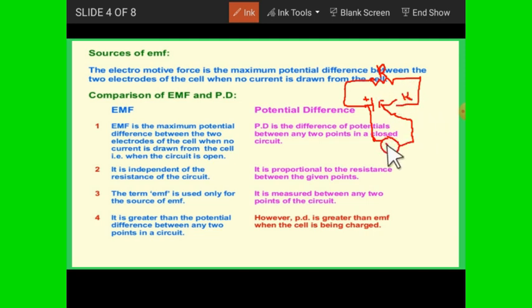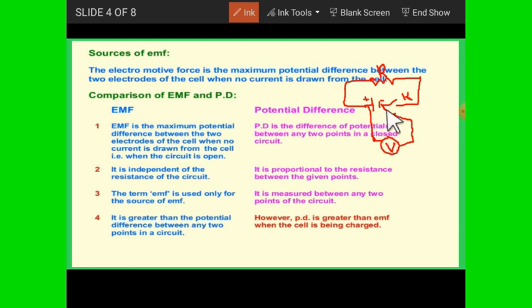Now this voltmeter, when the key is open, when the key is not closed, then current will not flow through the external circuit. Got it? So the potential difference across the two ends of the cell, or two electrodes, or simply the potential difference between the electrodes of a cell or a battery when no current is drawn from it in the external circuit, we call that potential difference EMF.